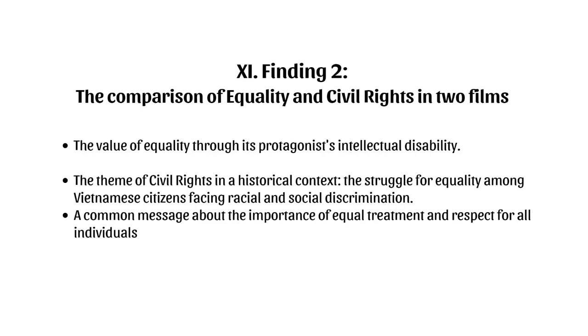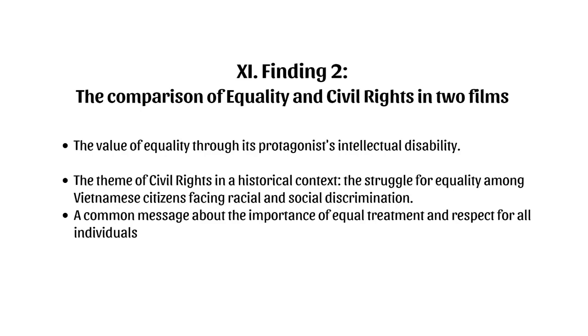The film depicts the protagonist's journey from a simple servant to a rebel leader, highlighting the sacrifices made and the enduring fight for equality and freedom in the face of immense adversity. This portrayal underscores the historical importance and lasting impact of civil rights movements around the world.